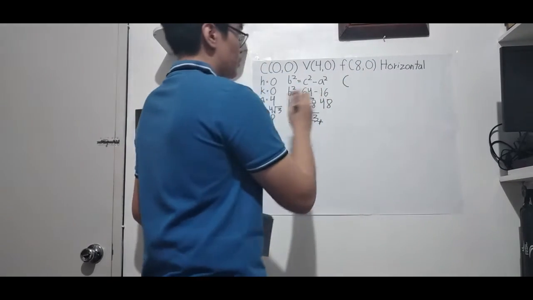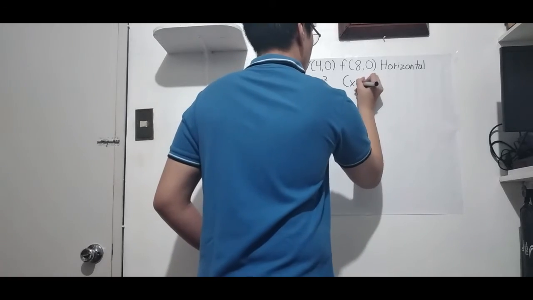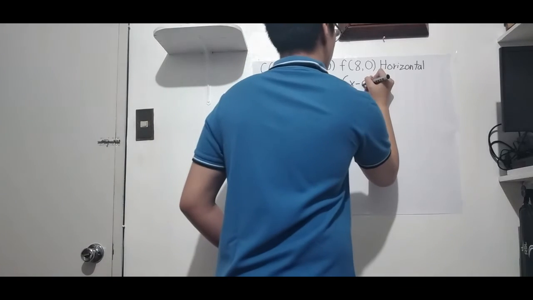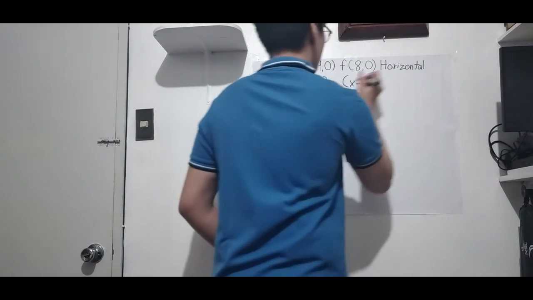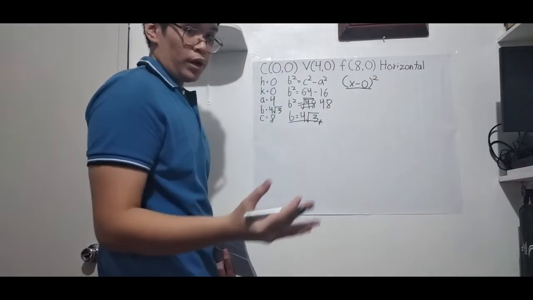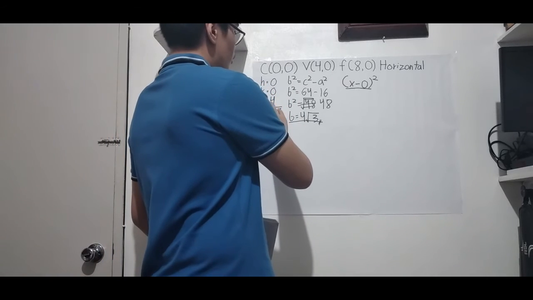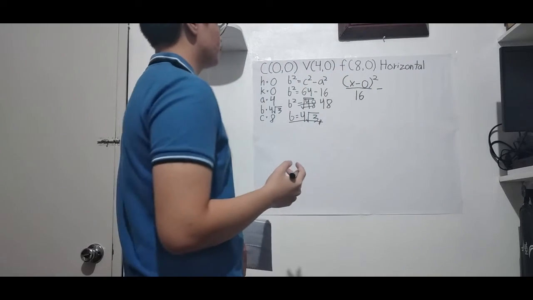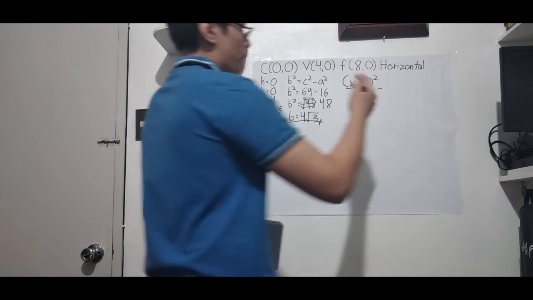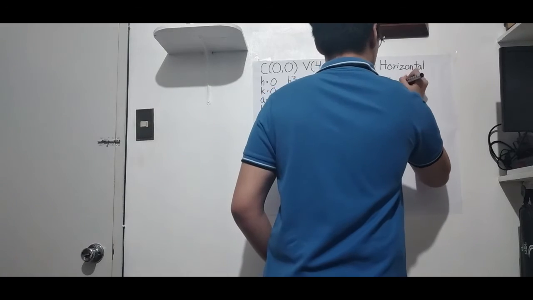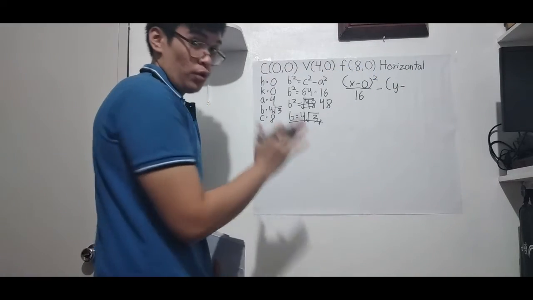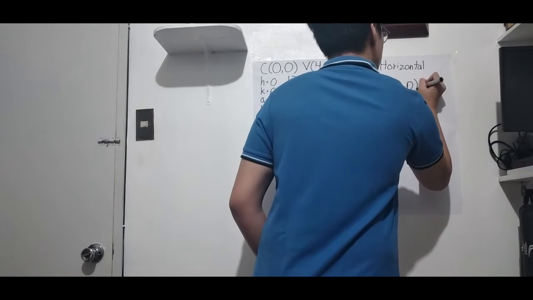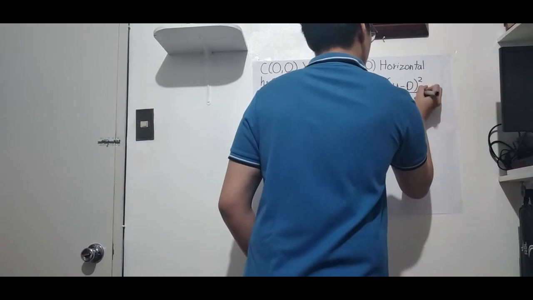Our formula would be x minus h, quantity squared, and our h is 0, over a squared, so our a squared is 16, minus y minus k, and our k is 0 as well, y minus 0 quantity squared, over b squared.